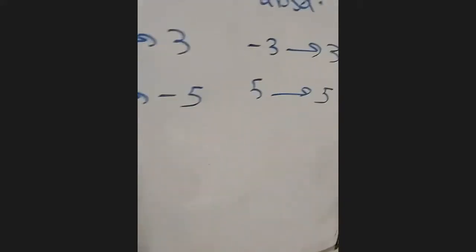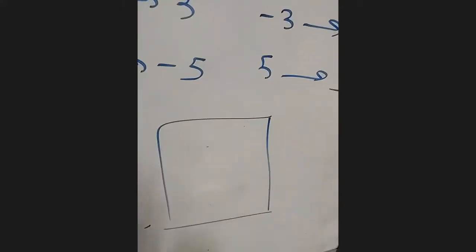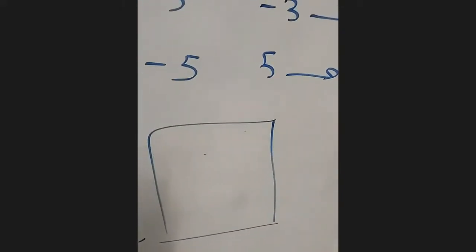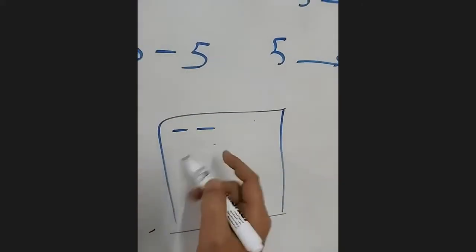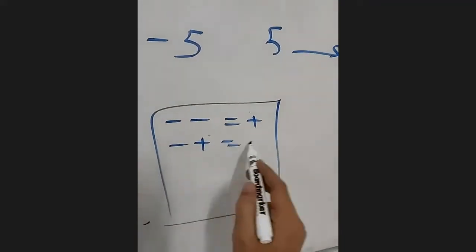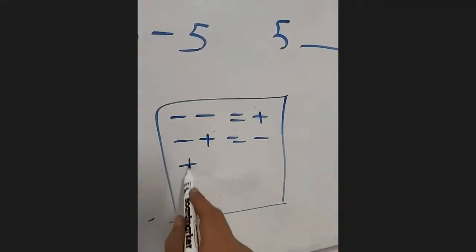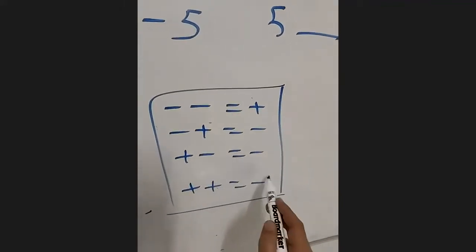And we said we have a table. I told you to copy it and use it if we have more than one sign beside each other. If you have two negatives beside each other, this means positive. Negative with positive means negative. Positive with negative means negative. Positive with positive means positive.